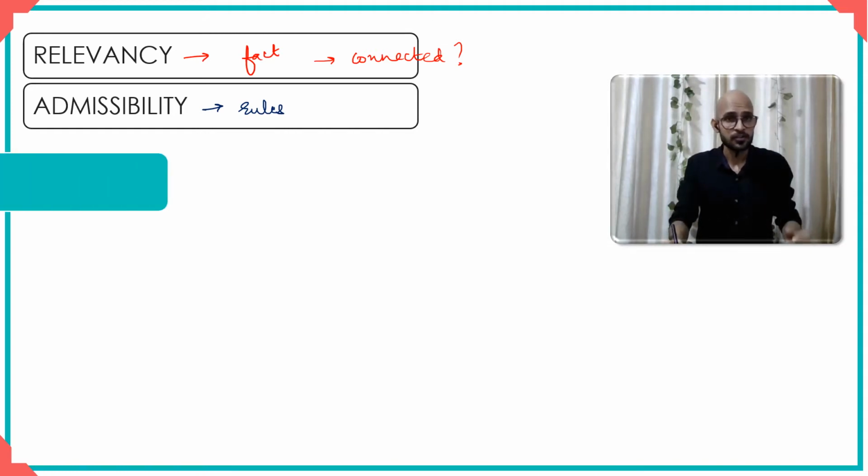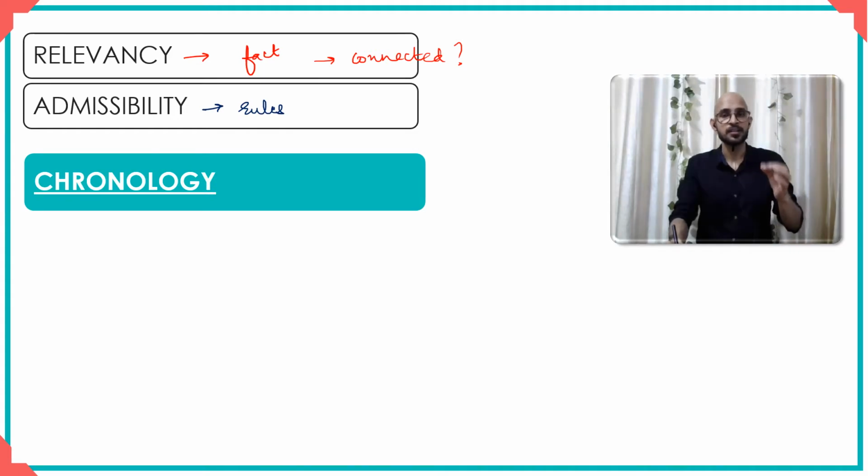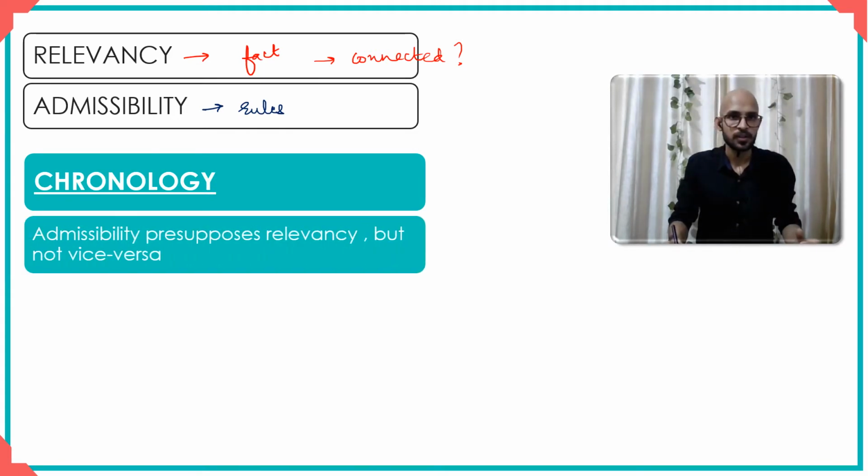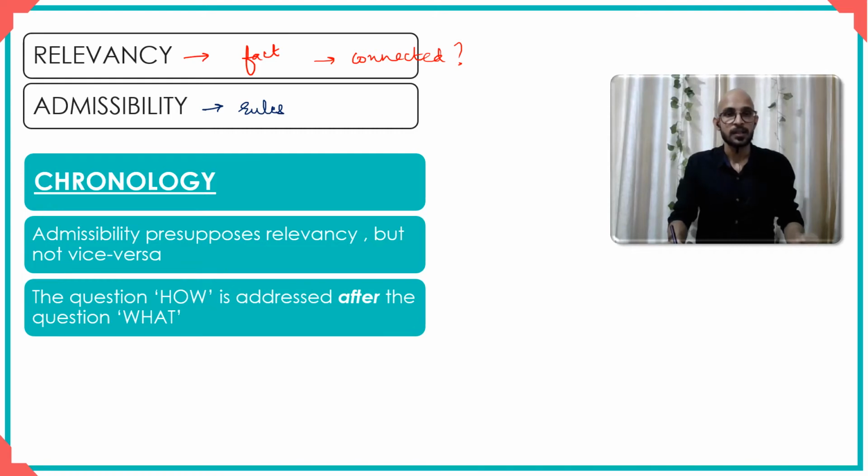As far as their relationship is concerned, let us understand this in the form of a chronology. You see, admissibility presupposes relevancy, but not vice versa. In other words, the question how is addressed after the question what has been addressed.